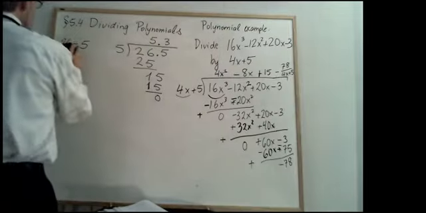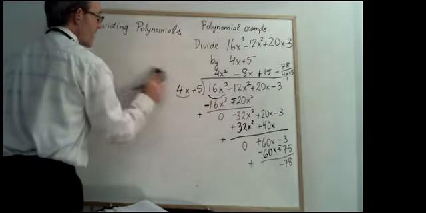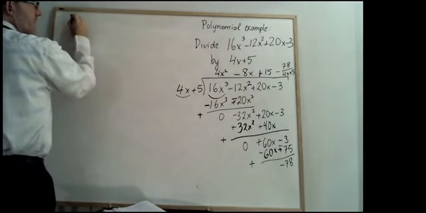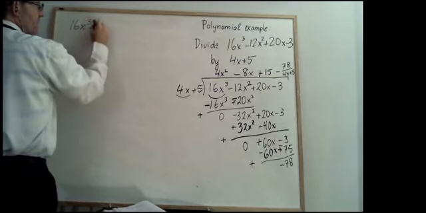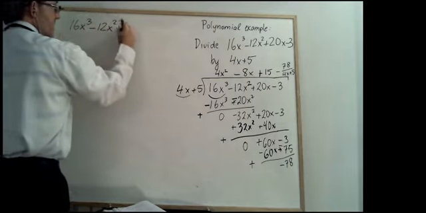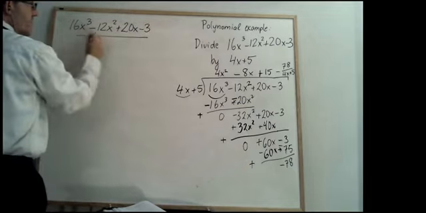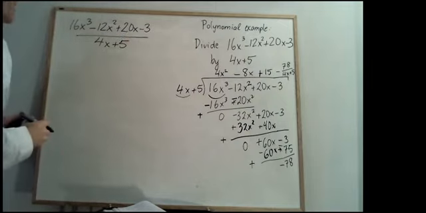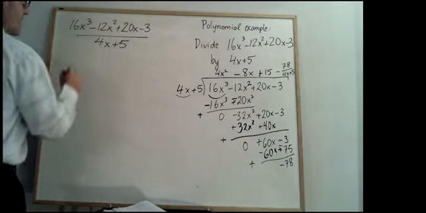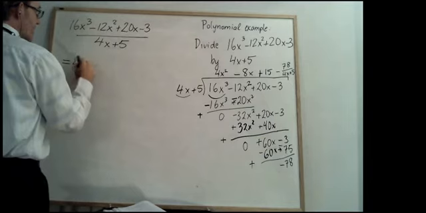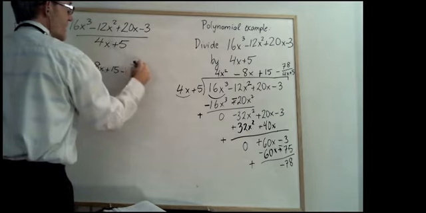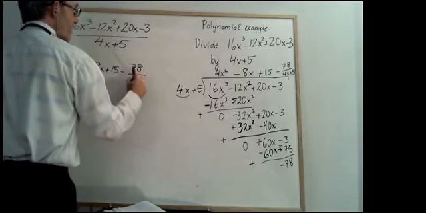All that together, putting it all together, means that 16x cubed minus 12x squared plus 20x minus 3 divided by 4x plus 5 is equal to 4x squared minus 8x plus 15 minus 78 over 4x plus 5.